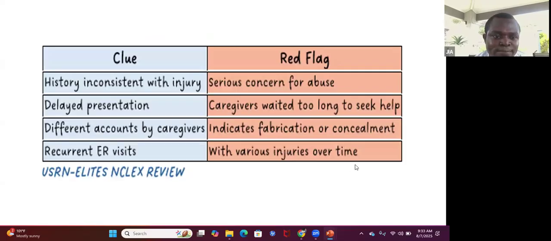So I think we've talked about some of these things too. And I think the last thing to add here is recurrent ER visits, that's emergency room visits. When you have one child who is being brought repeatedly to the emergency room with various injuries over time, then it's also a red flag.